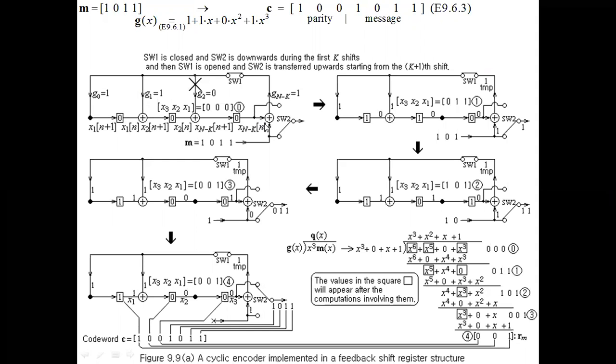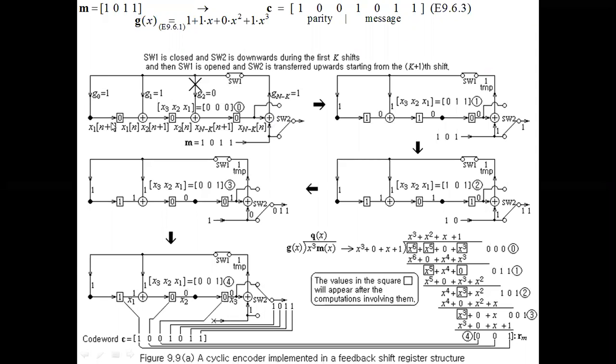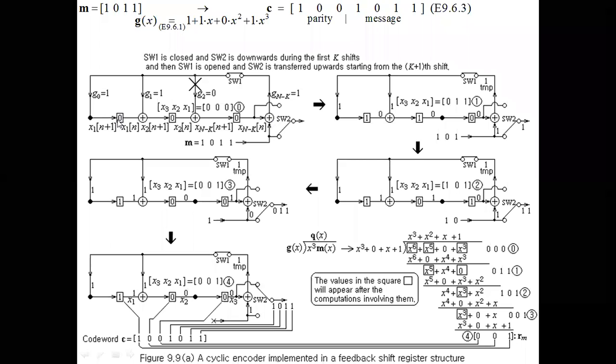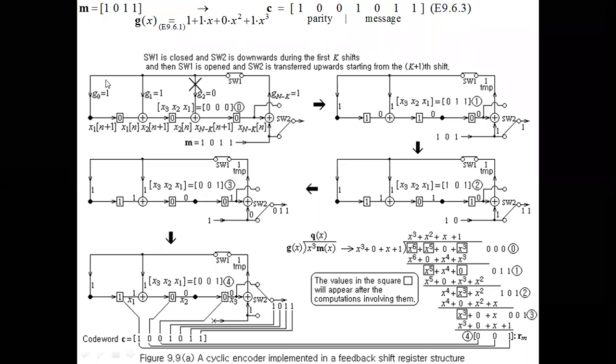I can explain that. First of all, take the feedback and connect it to the SWR switch, and from the SWR switch give the input straight to the first stage. Now, the generator polynomial is given as 1 plus 1 into x plus 0 into x square plus 1 into x cube.